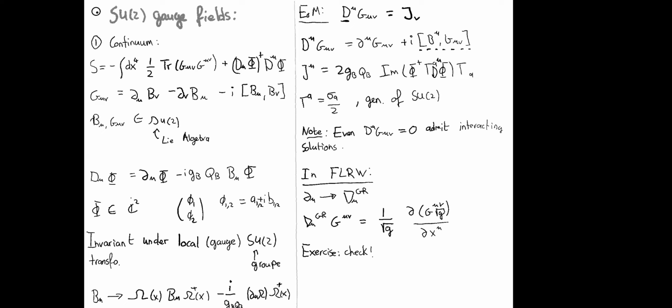And so if you do that, you get the following equation of motion for G. Now I'm going to write it separating the spatial part and the temporal part: (1 minus alpha) G_j^i, and then (1 minus alpha) a prime a times G_0^i.